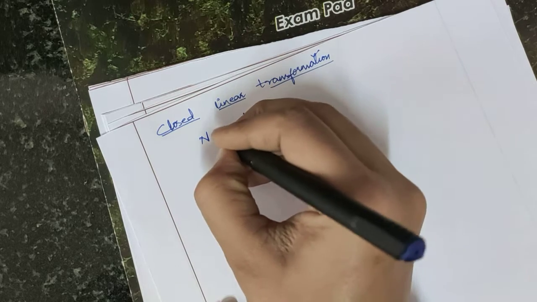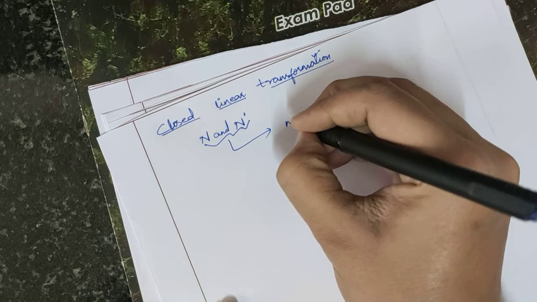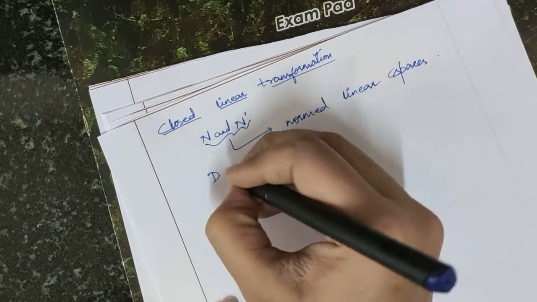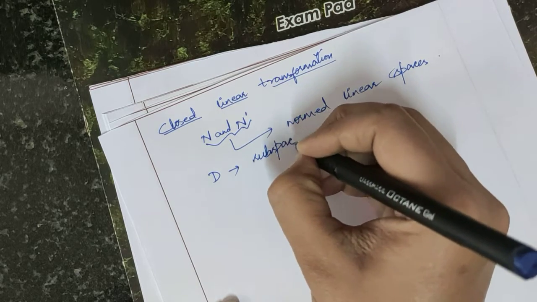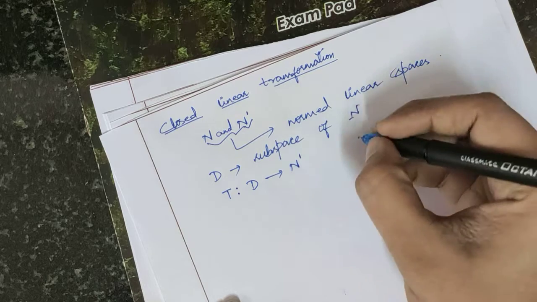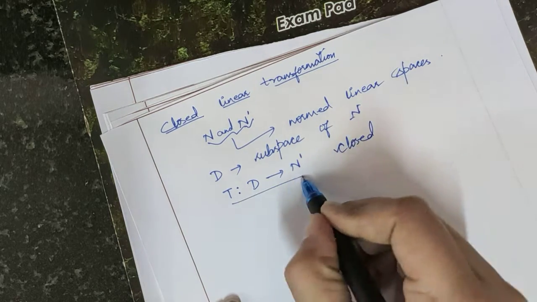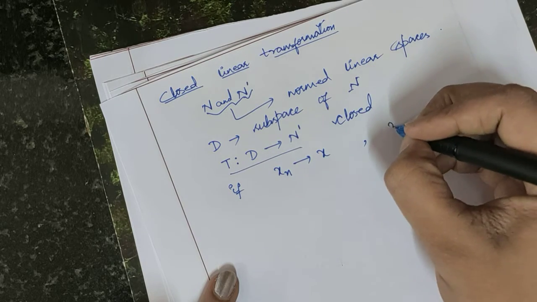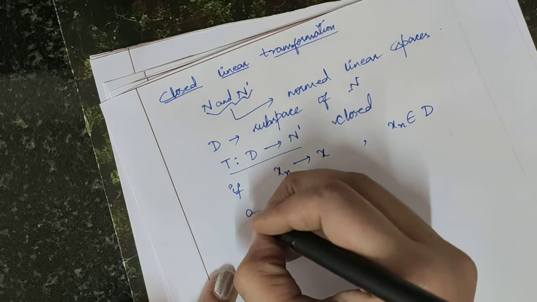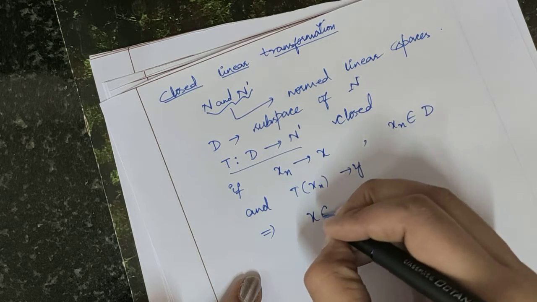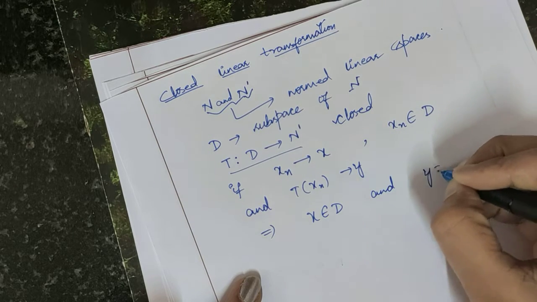I repeat this definition once again, just go through it. We are considering two normed linear spaces, N and N prime, and we have a subspace D of N. Then a linear transformation T from D to N prime is said to be closed if x_n converges to x, where x_n belongs to D, and T of x_n converges to y, implies x belongs to D and y is equal to T of x.